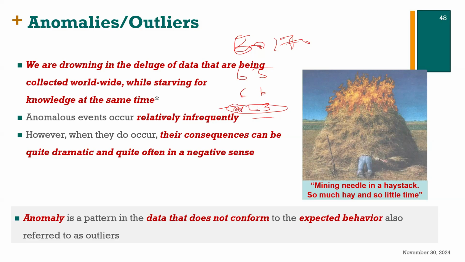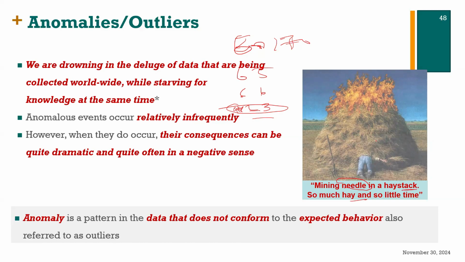So when we look at outliers, we can look at them from this point of view. And by the way, compared with missing values, outliers are far easier to detect. Detecting an outlier has been compared to finding a needle in a haystack. Much hay and so little time.